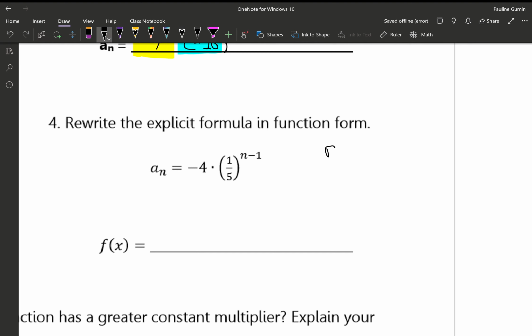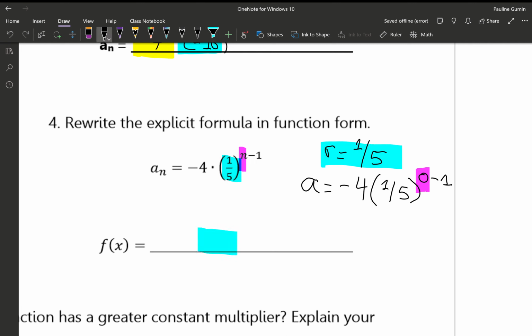Our r is the same r as our explicit formula. And to find a, our y-intercept, we're going to take this formula, negative 4 times 1/5, but instead of the power of n minus 1, we're raising it to the power of 0 minus 1.